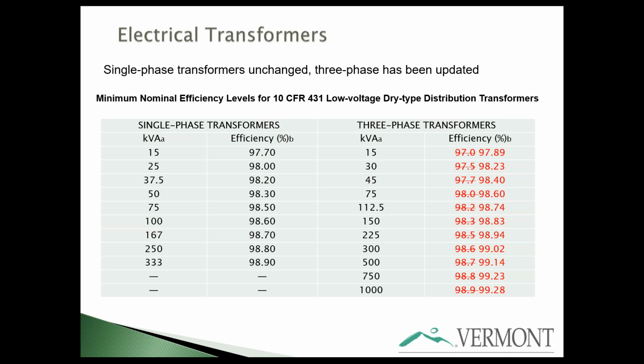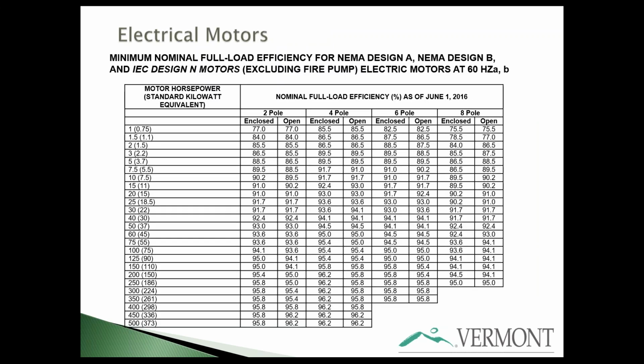Electrical transformers. The single-phase transformers are unchanged, but the 3-phase has been updated. You can see the old numbers in the 2015 CBES crossed out and the new numbers in red over there. So incremental step up to higher efficiency requirements on the 3-phase transformer. I didn't do the same here with the electrical motors.